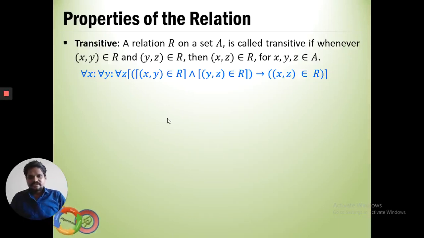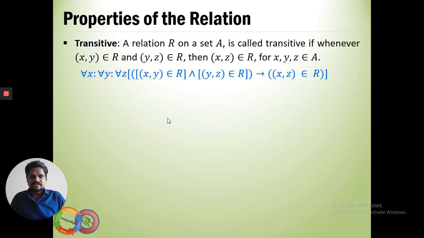And simply, we will say if A is related to B, and B is related to C, then A is related to C. Like with brotherhood: if Ajay is the brother of Vijay and Vijay is the brother of Sanjay, then Ajay will be the brother of Sanjay.